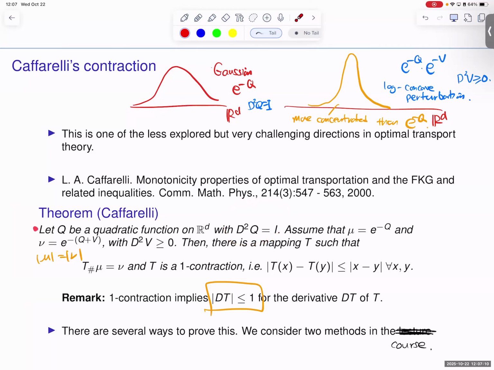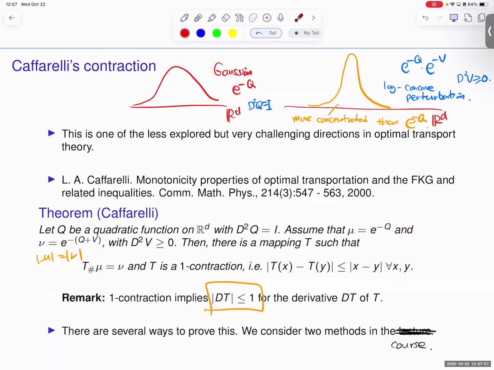And then there are many other cases where you want to prove inequalities related to something more general than the Gaussian measure, and toward such a direction, proving some kind of isoperimetric inequality related to something more general than Gaussian measure, people are trying to extend Caffarelli's contraction theorem to measures more general than this.